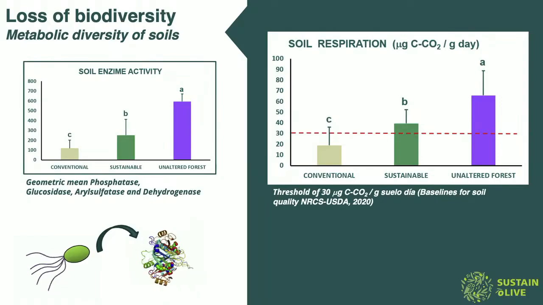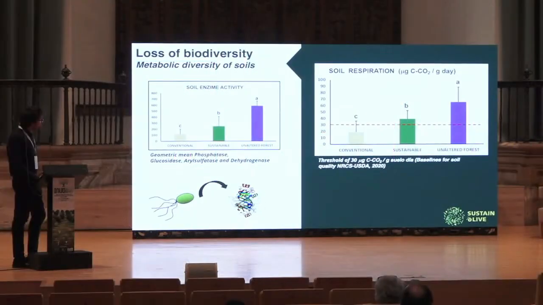Regarding a very important, critical parameter of biological soil health for the soil monitoring law, the soil respiration, if we mark a threshold of 30 micrograms of carbon as CO2 per gram of soil and day, the conventional olive groves are clearly below this threshold.